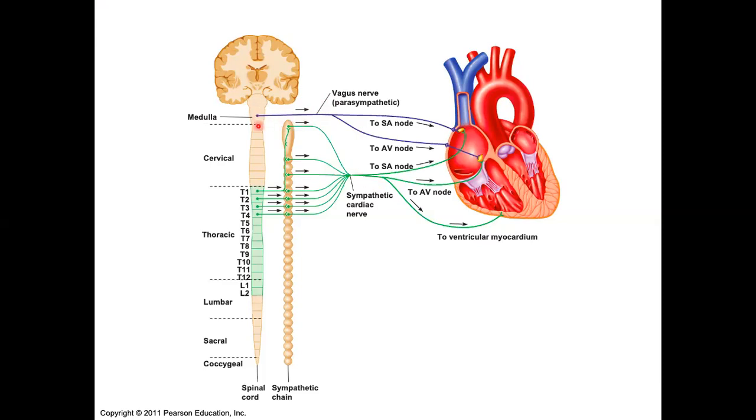If you take a look at your sympathetic nervous system, it exits out of the spinal cord at T1 through T4, goes up the sympathetic chain ganglion and makes your sympathetic cardiac nerve, which synapses with your SA node, AV node, and your ventricular myocardium. And so sympathetic nervous system has more regulatory effect over the heart than para.